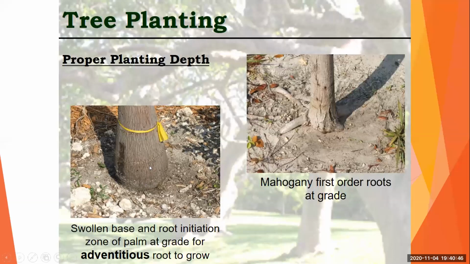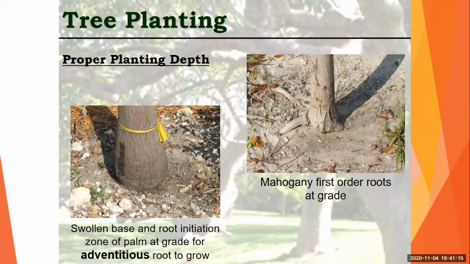So in this one here, you can see the tree and you can see the first root here. This is the mahogany and this is perfect, okay? In the case of palms, you're going to see a lot of adventitious roots. This is what the palms are going to develop. When you plant the palm, they're going to develop a lot of new roots.